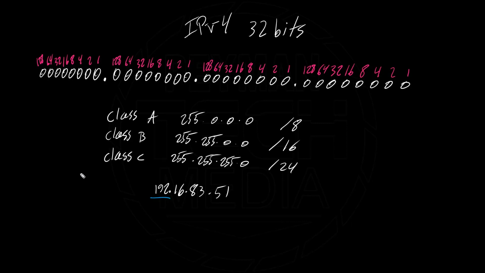How can we tell if this IP address belongs to class A, B, or C? We talked about it in more detail in those videos. If you haven't watched them, please make sure to go back and watch. And the default subnet mask for this IP address, class C, is 255.255.255.0.